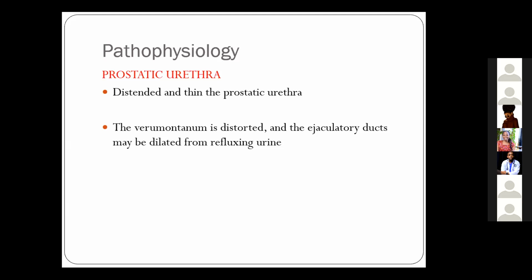And the veru may be also distorted with the ejaculatory duct being dilated. We already said on top of the verumontanum, that's where the ejaculatory duct empties. And this duct may be actually dilated because of reflux of urine.